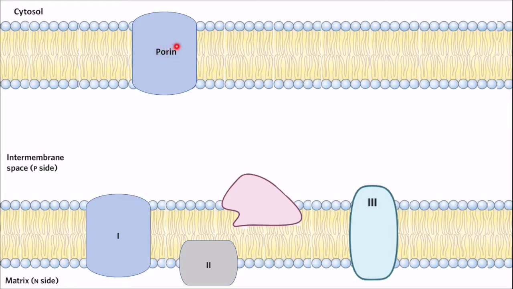These porins allow molecules like NADH and pyruvate to flow through the bilayer into the inner membrane space. So the inner membrane space and the cytosol will have equal concentrations of ions and small molecules, due to the easy flow of these small molecules and ions through the porins.